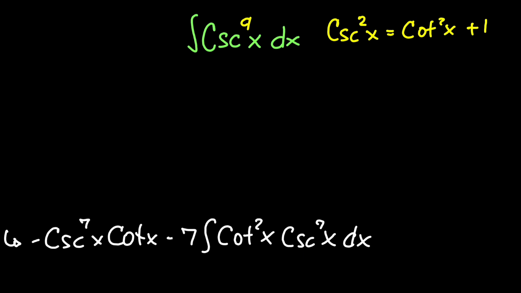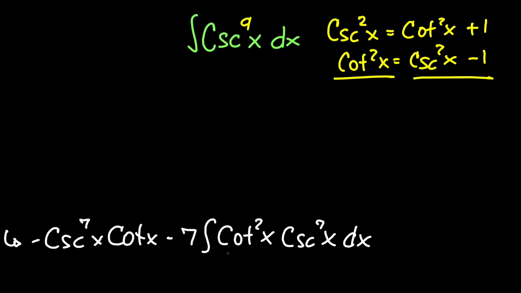And instead, we can do substitution on cotangent squared of x in here. You can just put 1 to the other side, making this cotangent squared of x be equal to cosecant squared of x minus 1. And thus, we can substitute cotangent squared of x as this one.